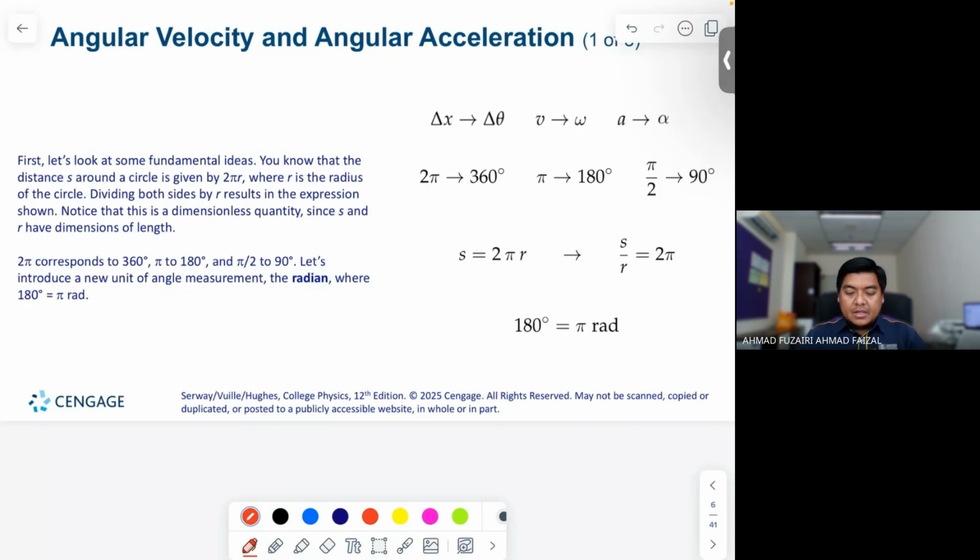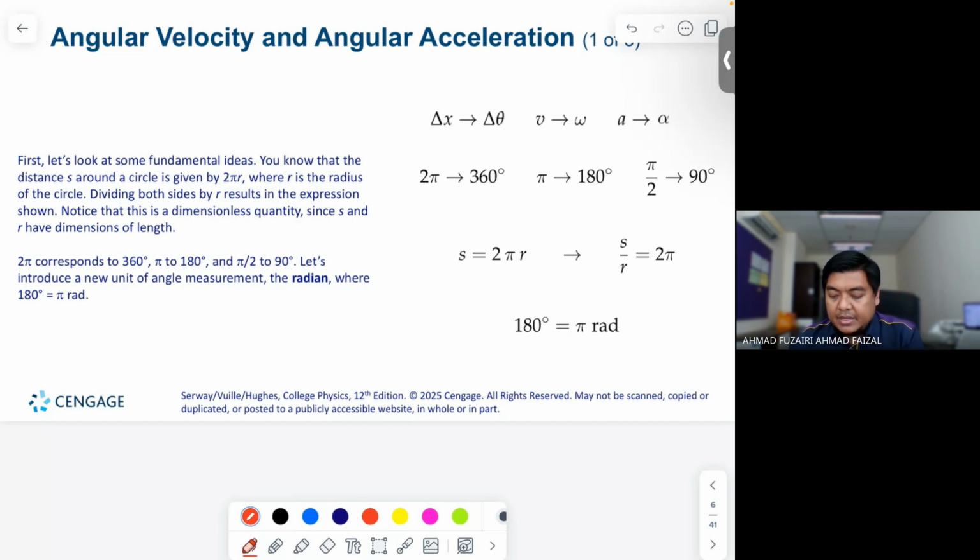Okay. So first let's look at some fundamental ideas. You know that the distance s around a circle is given by 2 pi r. As you know, when we are given a circle, the outer length of the circle is what we call 2 pi r, or we note that as the circumference of the circle, where r is the radius of the circle.